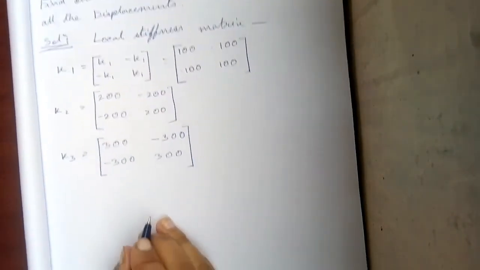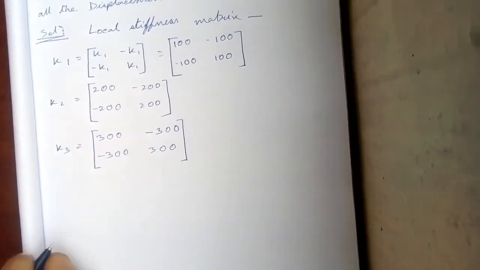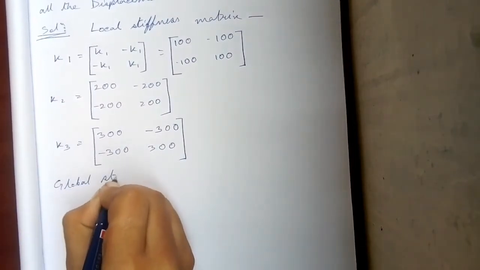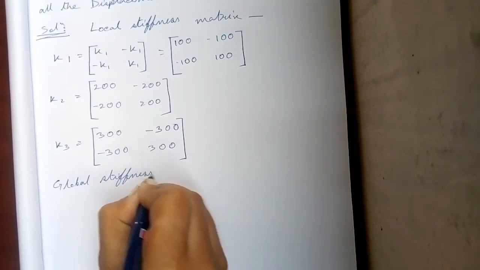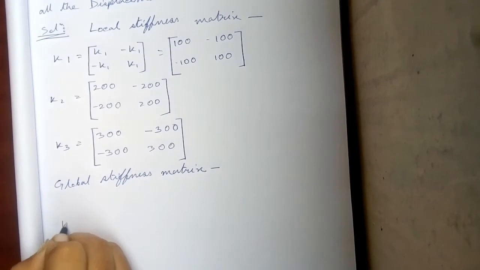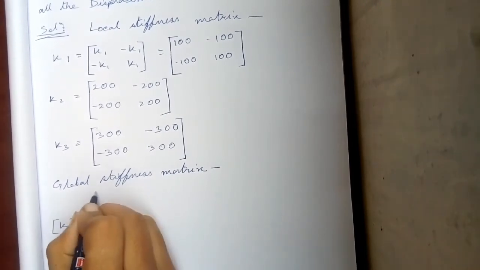The next step will be determining the global stiffness matrix. There is a trick to write the global stiffness matrix.